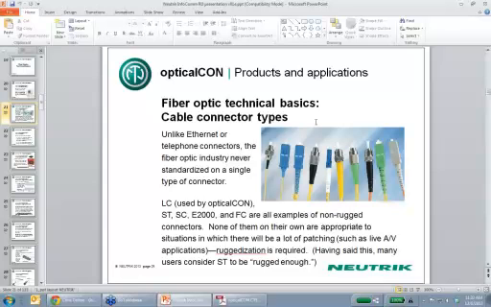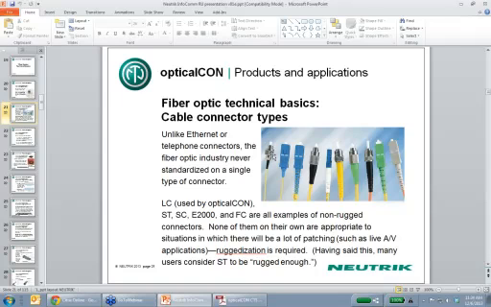Now, having said this, what really matters is not this white thing here, which we call the ferrule, but within that is the glass itself. And it's that glass which is sending the signal through. So, here's this white ferrule you can see here. And then on a different connector, here's another white ferrule. And on a different connector, here's a white ferrule. But they're all doing the same thing, which is they're all aligning that glass.